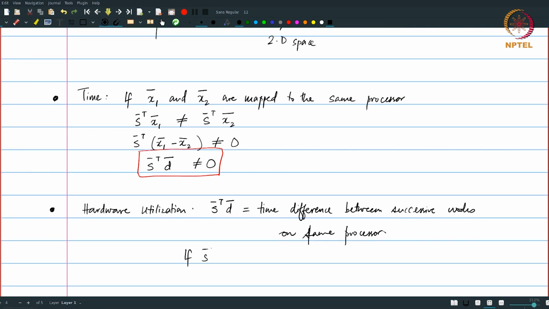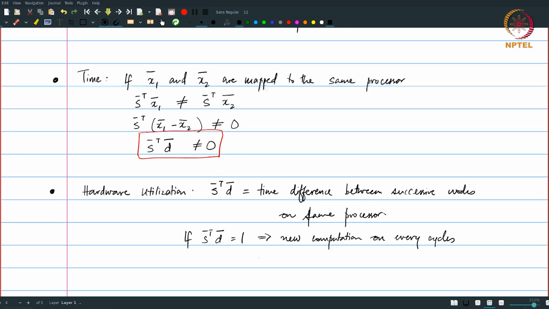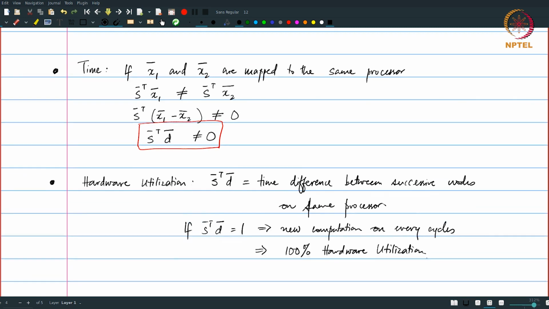If S transpose D is equal to 1, effectively what it says is a new computation is going to happen on that processor on every clock cycle, which in turn means 100% hardware utilization, which is exactly what we meant by saying that 1 over S transpose D is the hardware utilization efficiency.